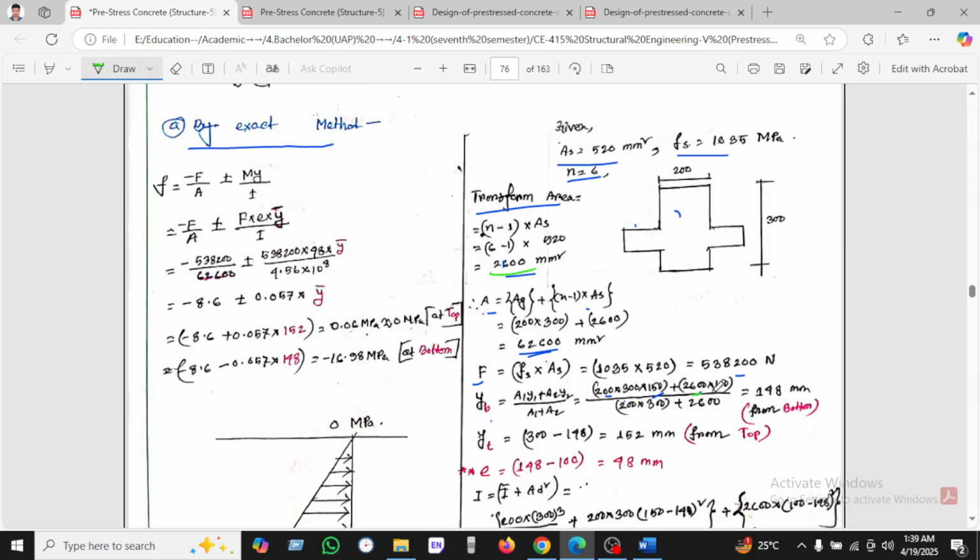So 2600 into 100, and in this way we found this value from the bottom. If we calculate the top, we can just deduct this value from the total. And how do we calculate e? We found the bottom value here, so bottom minus 100, then we found 48.